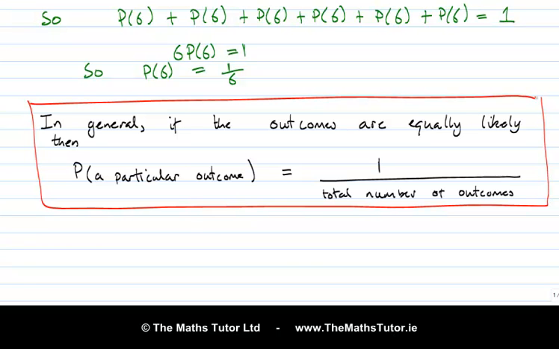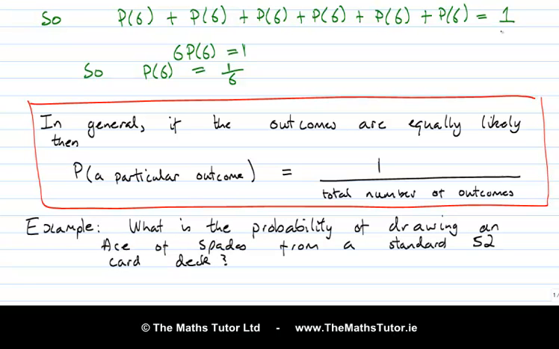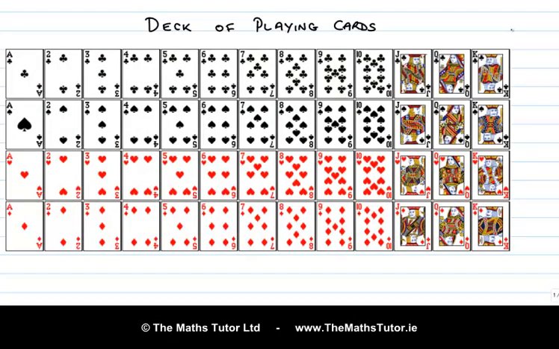Let's look at another example. Here's another example of a situation where the outcomes are equally likely. And the question is, what is the probability of drawing an ace of spades from a standard 52 card deck? Okay, well let's look at the sample space first. So rather than writing down all the cards in the deck, I have a picture here of the cards of a 52 card deck.